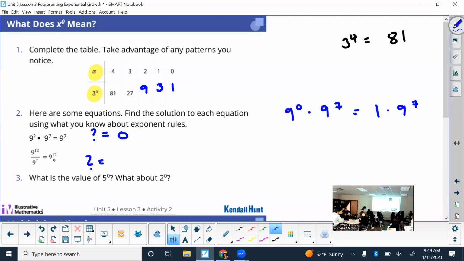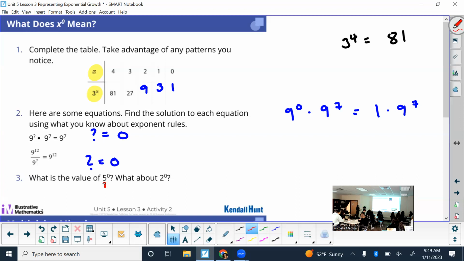It would be 0. So we would want the bottom portion to become 1 if it equals the numerator after dividing. But the only way to get it to become 1 is to put 9 to the 0 power. All right? Question?